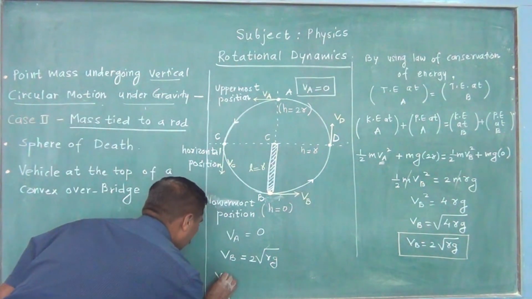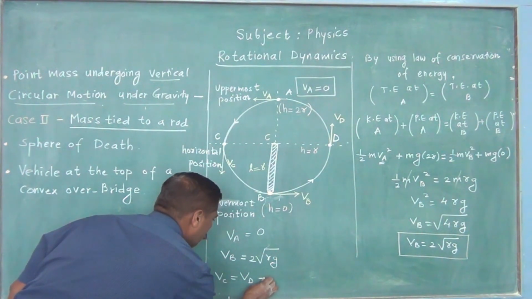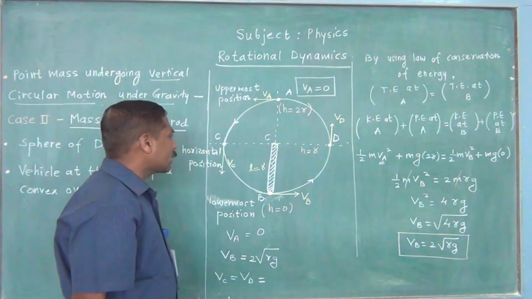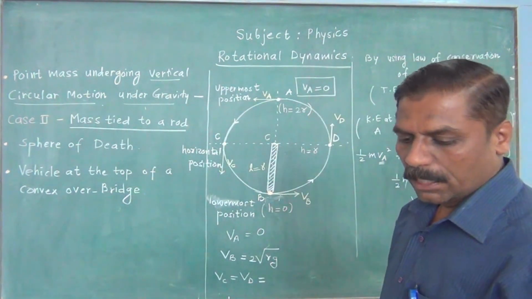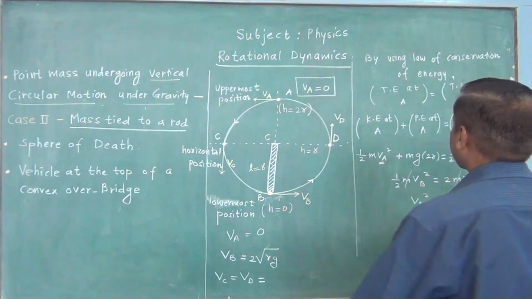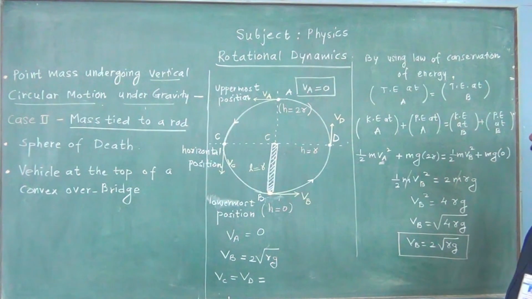Now what will be the possible velocity at the horizontal position, it means at position C or D. Here again we can use the law of conservation of energy.